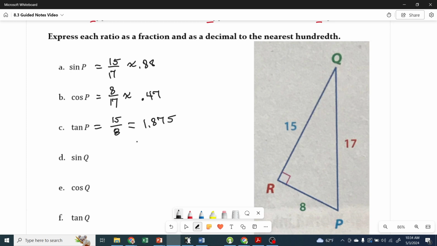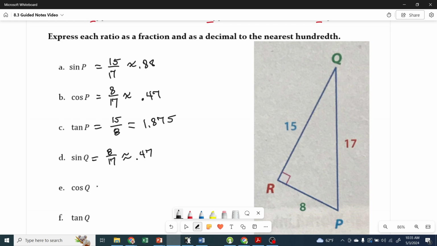Okay? Because we didn't round that, that's why it's equal. Okay, now let's do the sine of Q. Well, the sine of Q is the opposite, 8, over the hypotenuse, 17. 8 over 17, which we figured out earlier is 0.47.